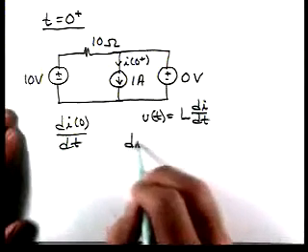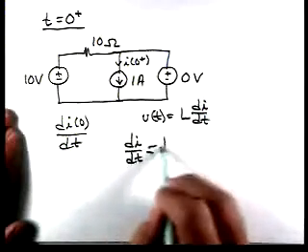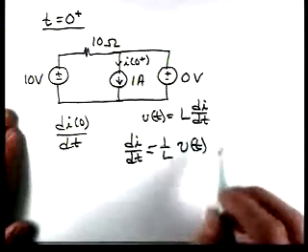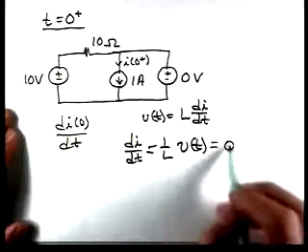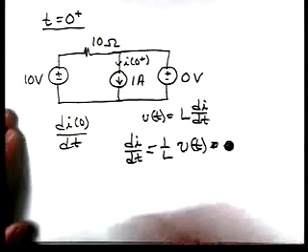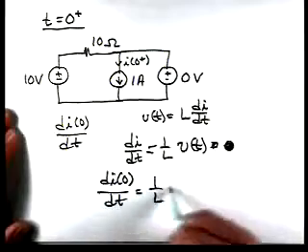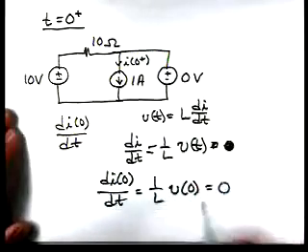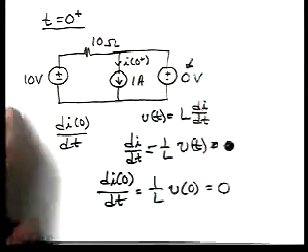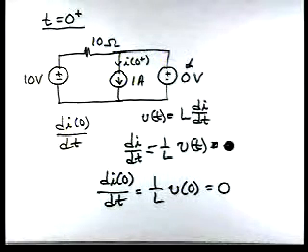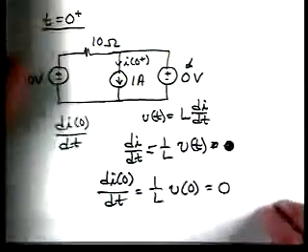So we'd have di/dt is 1 over L times v(t), and really that's 0 because if we evaluate this at 0, we know that's 0 because the capacitor has a value of 0. So the derivative di/dt at 0 is 0, and we got that from just using L di/dt.